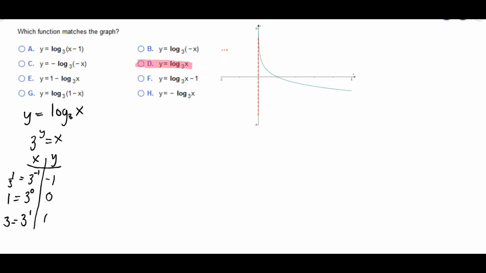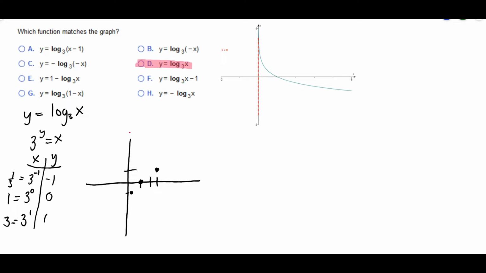So this is going to give me some points to plot. 1, 0, 3, 1, and then 1/3, -1 would be about right here.